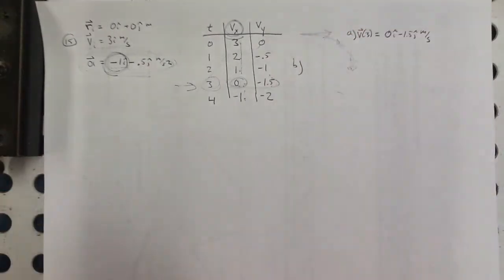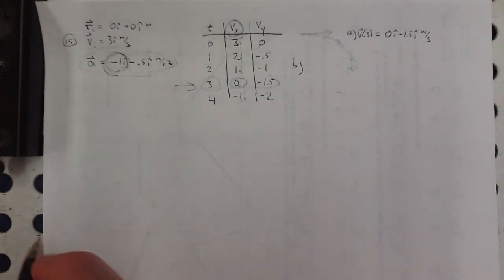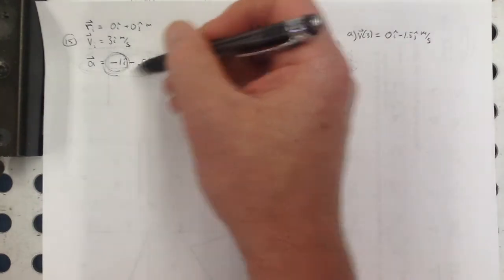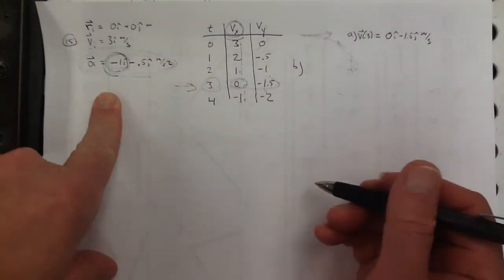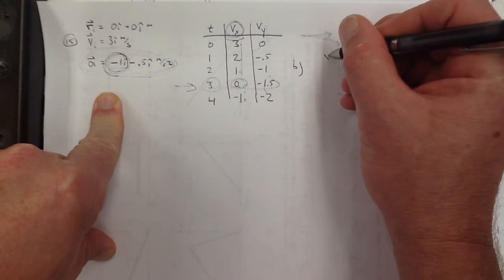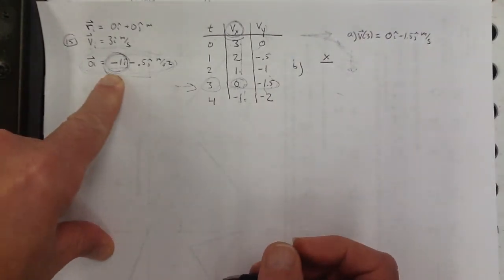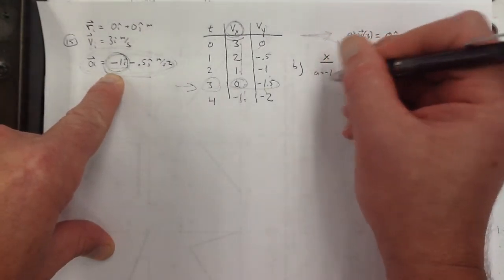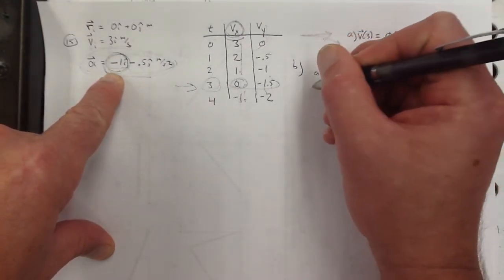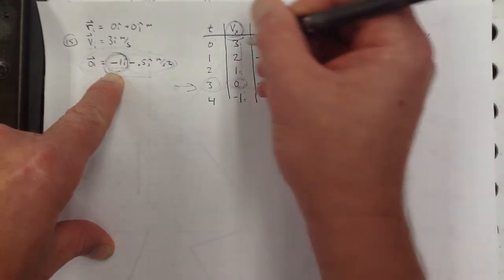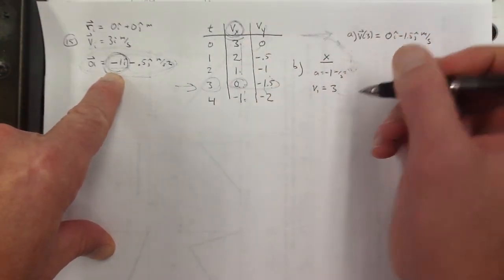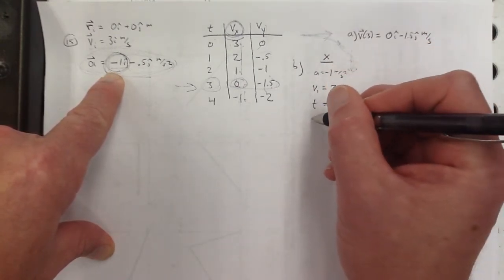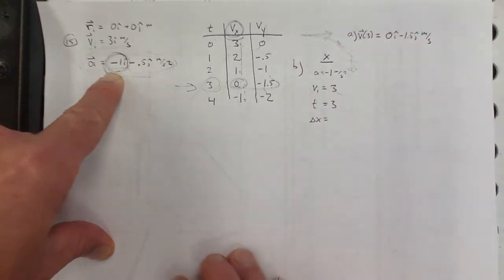Now how about for B? How shall we do that? Well, these are constant accelerations, so we can treat both of these like little constant acceleration problems separately. So in the x direction, I've got a constant acceleration of -1. I've got an initial velocity of 3. 3 seconds are going to go by, and I would like to know where it is.